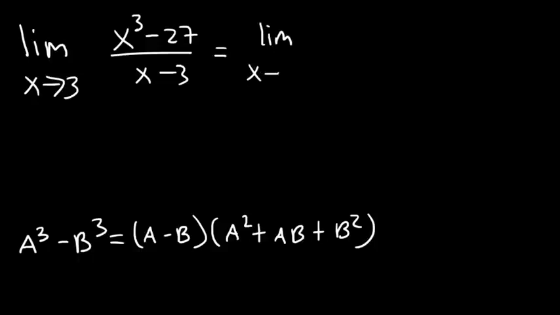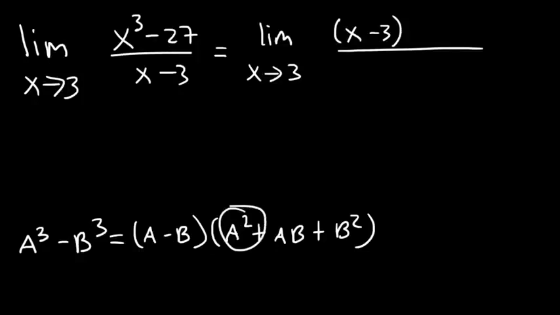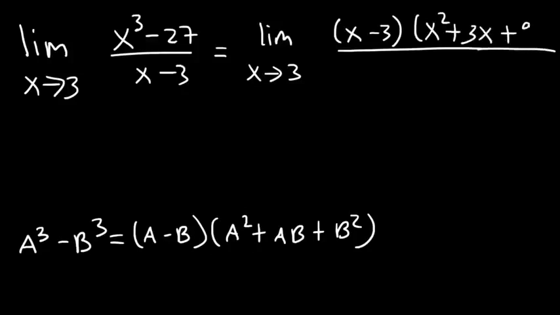So a is the cube root of x cubed, which is x, and b is the cube root of 27, which is 3. So this is going to be x minus 3, and then a squared, that's x squared, plus ab, so that's 3 times x, plus b squared, or 3 squared, which is 9.